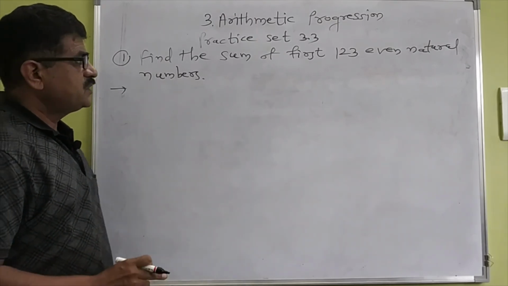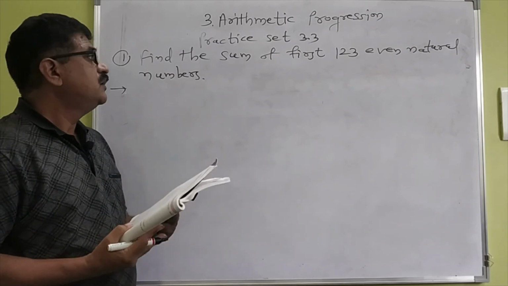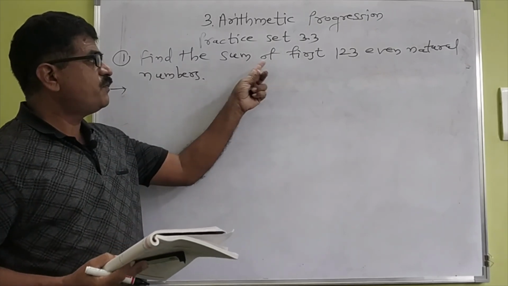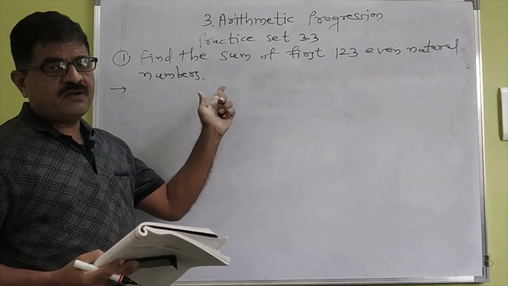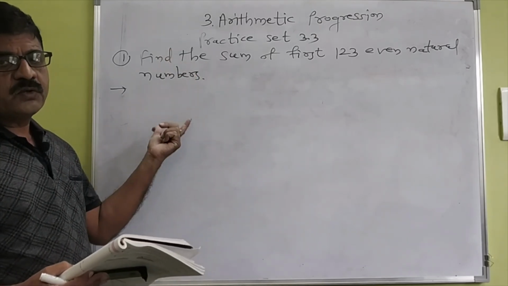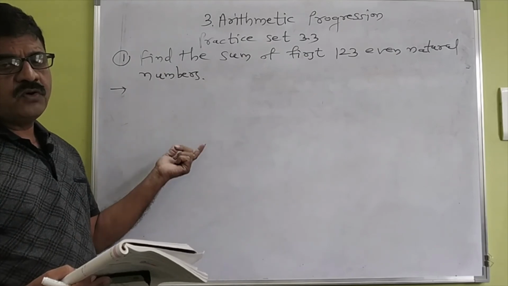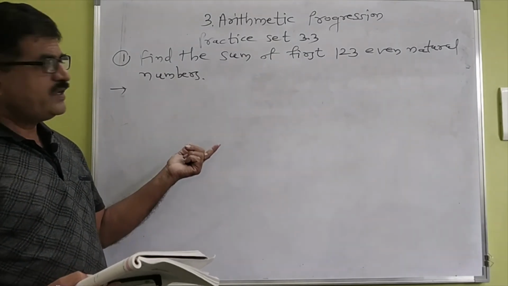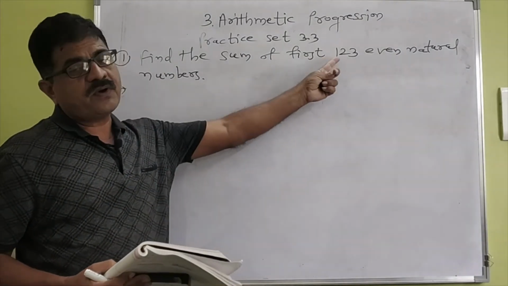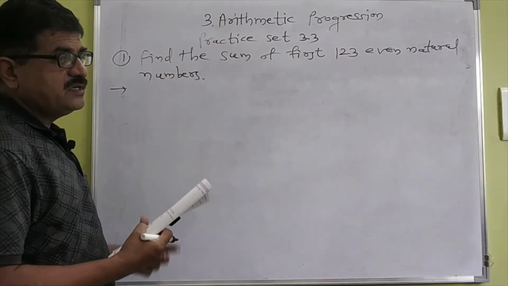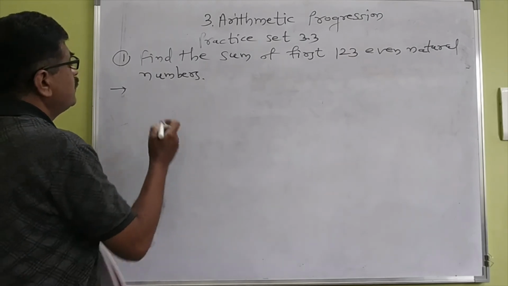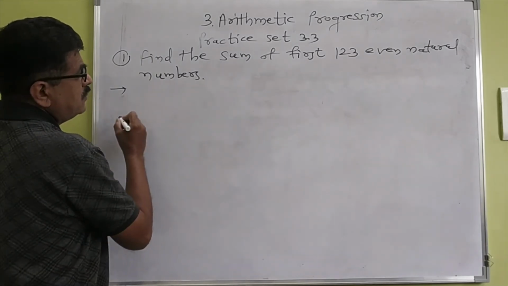Now, first we have to write the sum of the first 123 even natural numbers. What is the first even natural number? 2. Second, 4, third, 6, and so on. We have to find the sum of 123 even natural numbers.